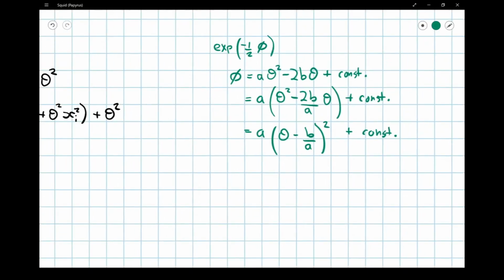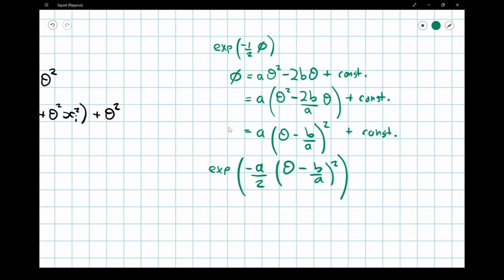So our distribution will look like an exponential of minus a over 2 times theta minus b over a, squared, with some other constant here that's not a function of theta.